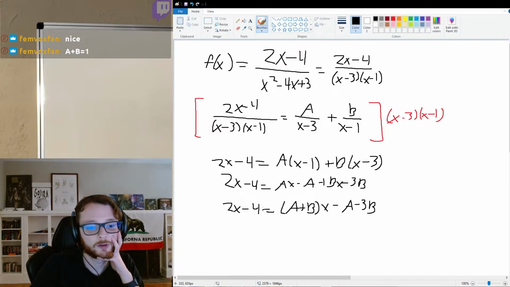A plus B is 2. Yeah, so now we can equate coefficients. So the coefficient of this x must equal the coefficient of this x. So from the x's, we get A plus B equals 2. From the constants, we get negative 4 equals negative A minus 3B.